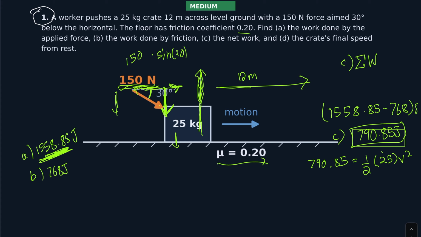So this should give me 790.85 times 2 divided by 25, square root that. It should give me about 7.95 meters per second approximately. So 7.95 meters per second. Okay, because this total work is just going to be, so conservation of energy, right? Remember how the total work is just going to be the initial energy, and initial energy is going to be the total energy at the end. Okay, not the total, I mean the final energy.